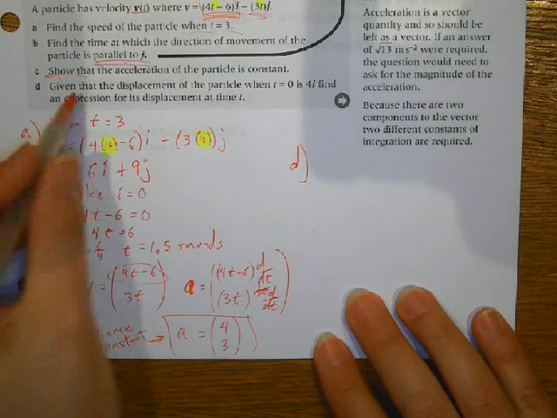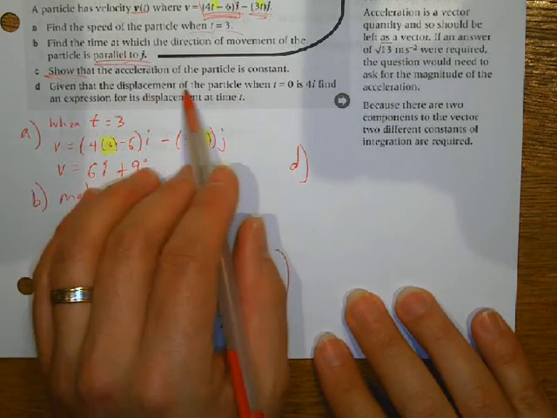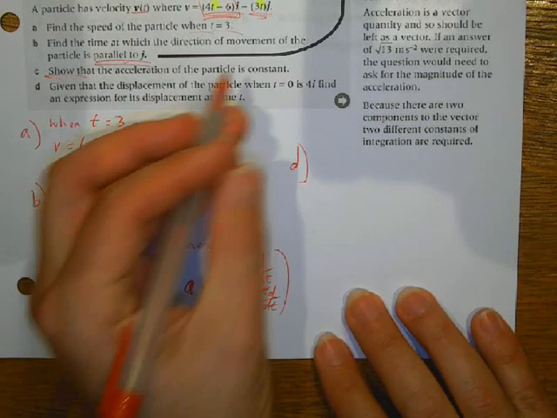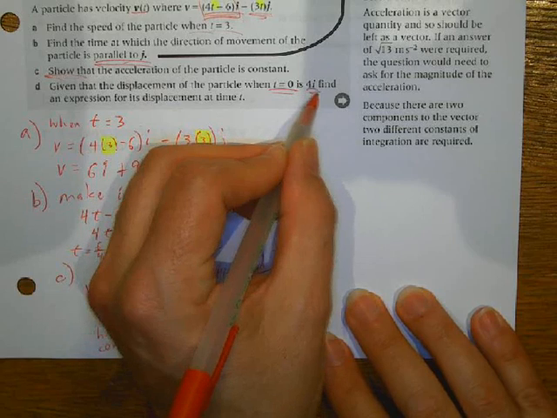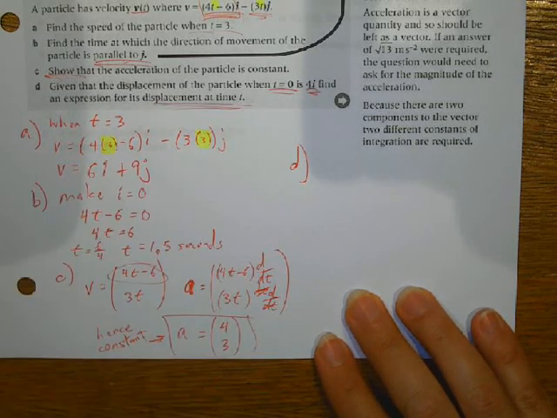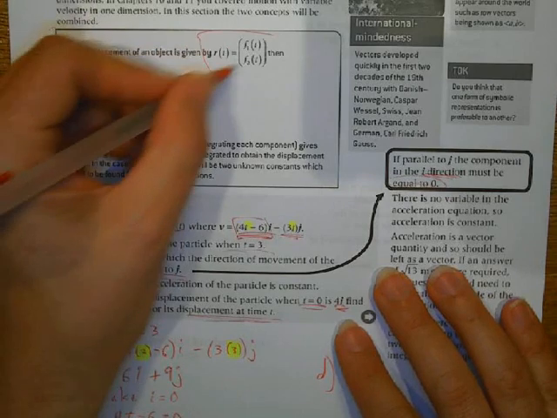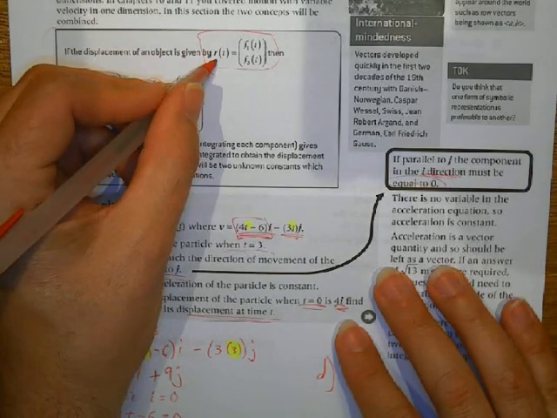Given that the displacement of the particle when t is 0 is this, find a formula for the displacement at time t. We can use the letter r for displacement.